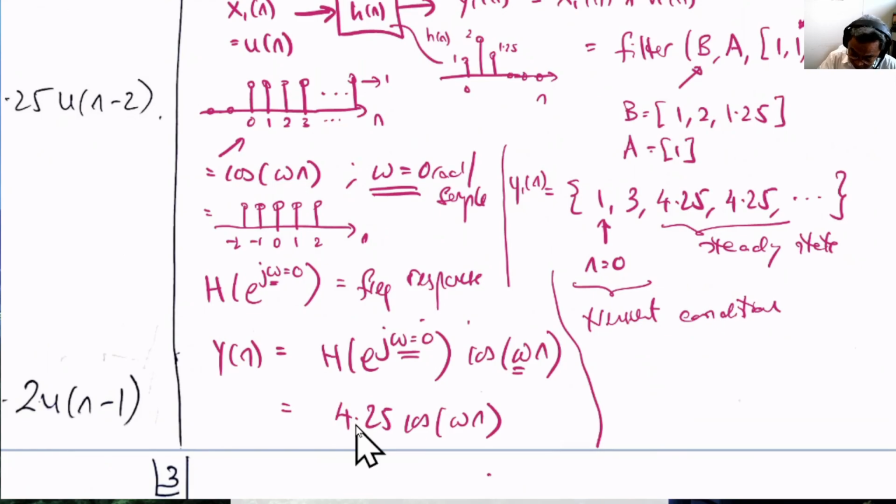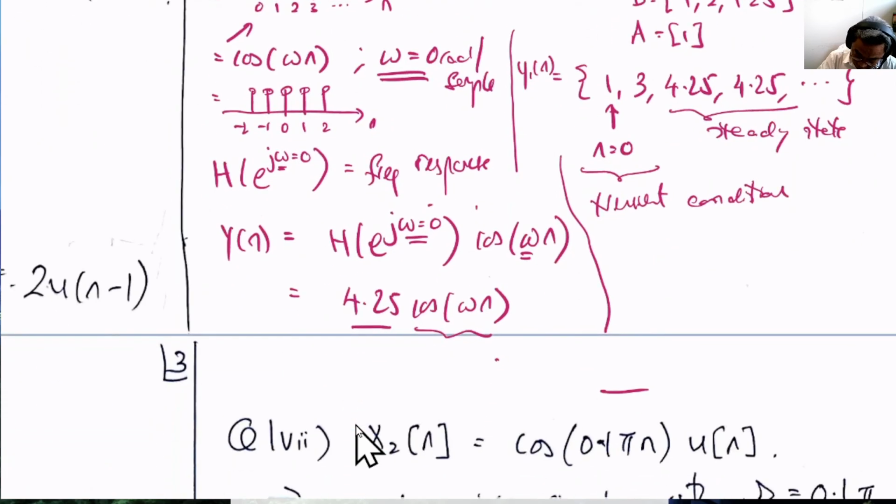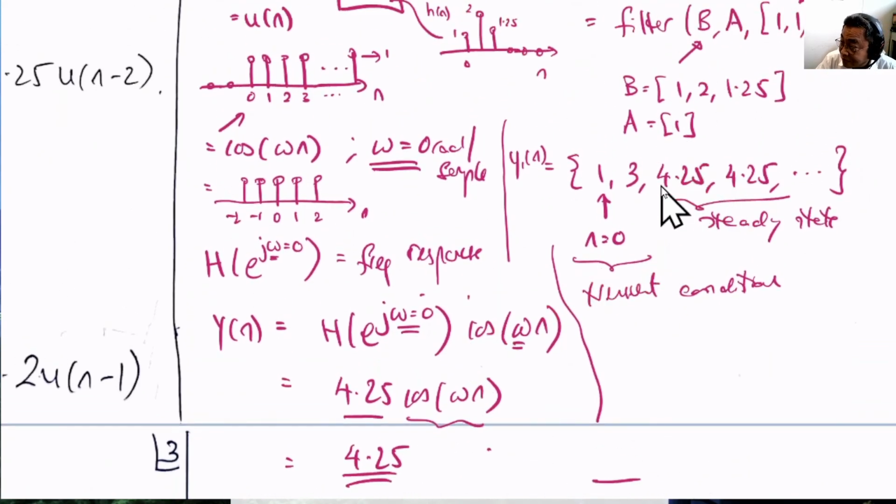In this case, there's only the magnitude, so it is 4.25 times cosine(omega n), which is nothing but 4.25 times all ones. In fact, therefore, y[n] equals 4.25 for all n, and this shows us the steady state response. Remember that the frequency response ignores the transient response and only gives you the steady state response.